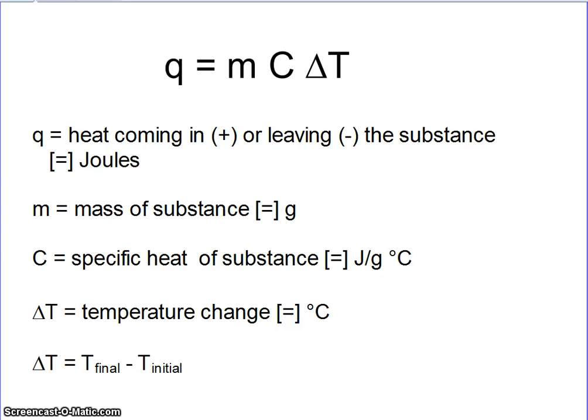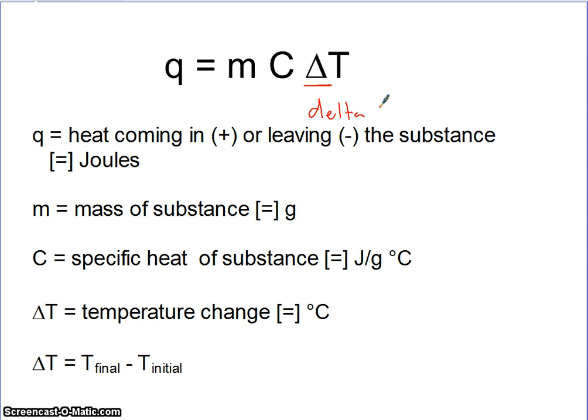So the important formula for calorimetry is Q equals MC delta T. So this delta, you saw it with the enthalpy too, and I don't know if I made great strides to point out: this triangle here, that's the Greek letter delta.